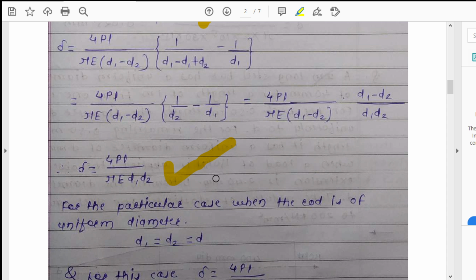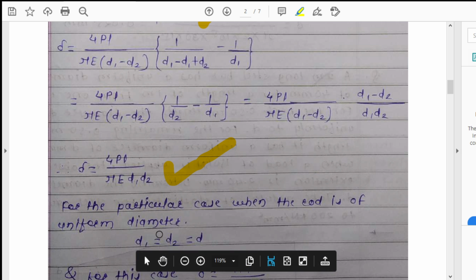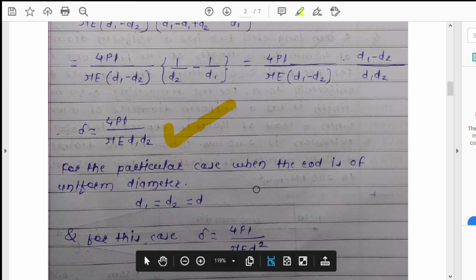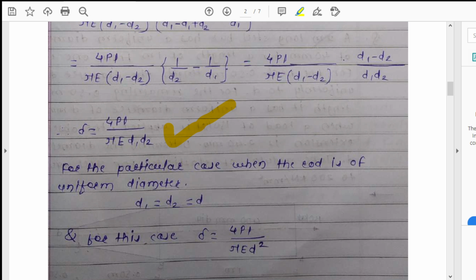Now if suppose that for a particular case the bar has a uniform diameter and some other dimension is changing, so d1 and d2 will be equal. Okay, so we can assume that d1 equals d2 equals d. Now for this case the formula will become delta equals 4PL upon pi E d square.